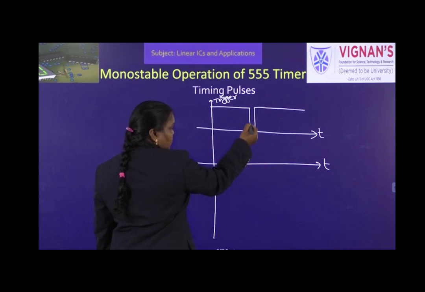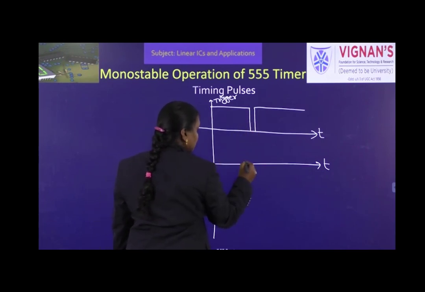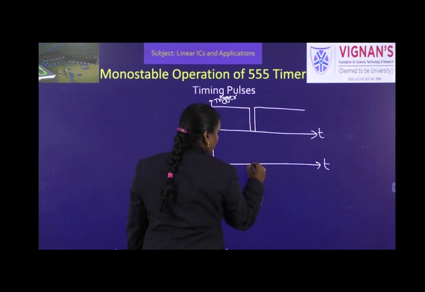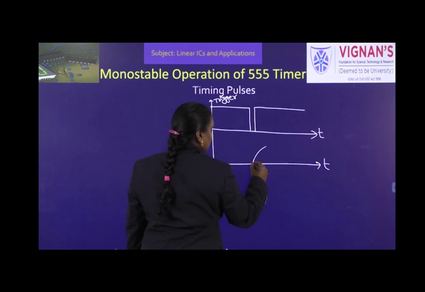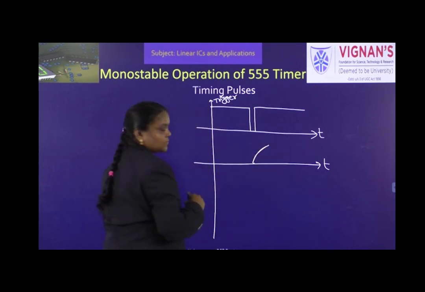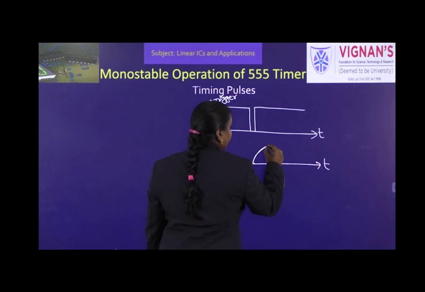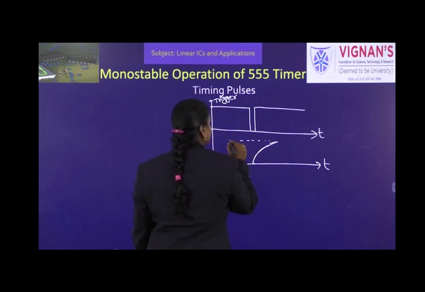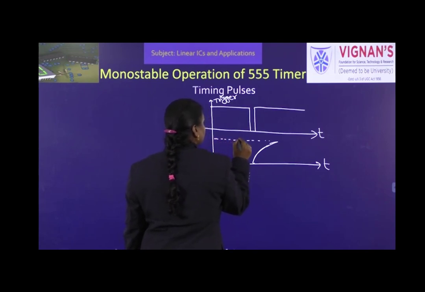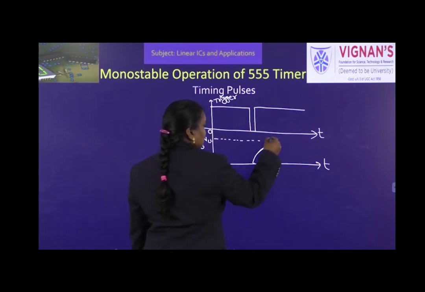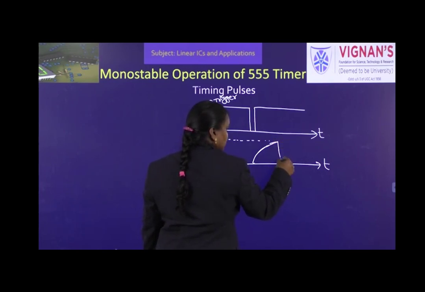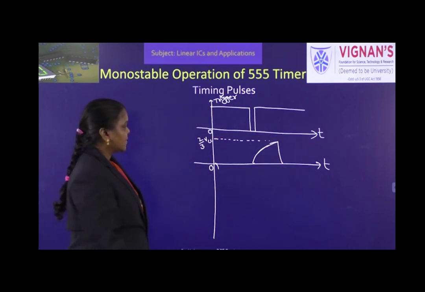Whenever this trigger voltage falls below 1/3 VCC, your output will be 1. So at that point the capacitor starts charging. Okay, and it charges up to 2/3 VCC. And whenever it reaches 2/3 VCC, it automatically discharges.